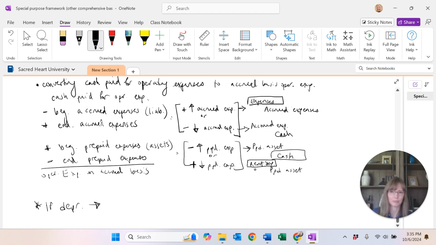So we need to add depreciation expense to calculate expenses on an accrual basis. Or if we're going from cash-based income, then we need to subtract depreciation expense to calculate net income on an accrual basis.